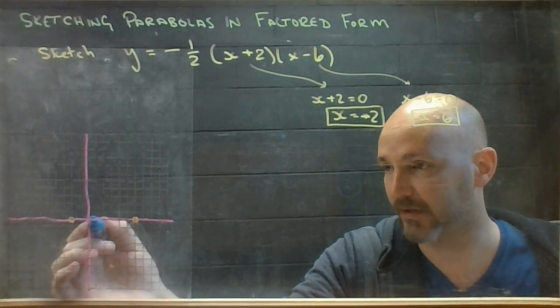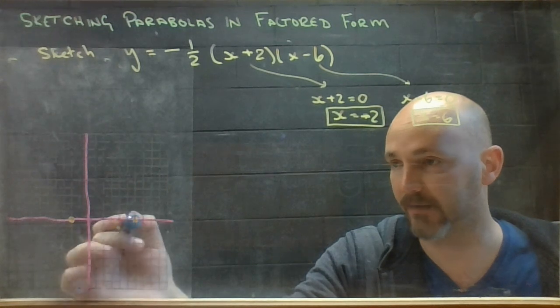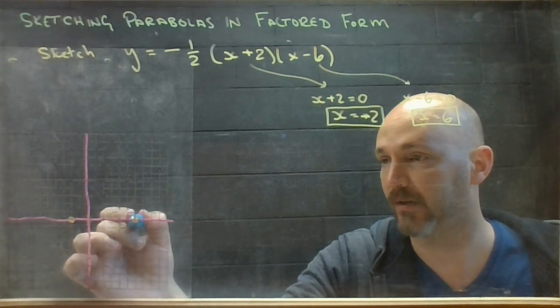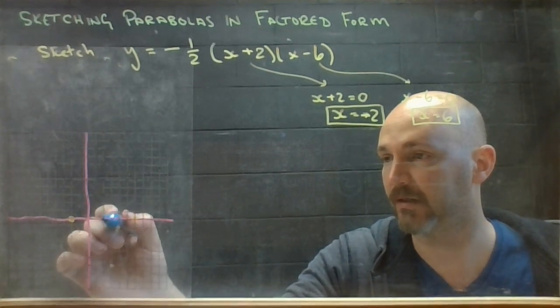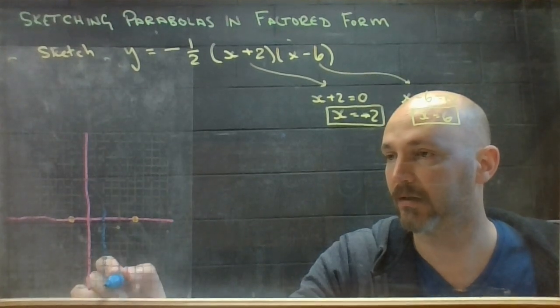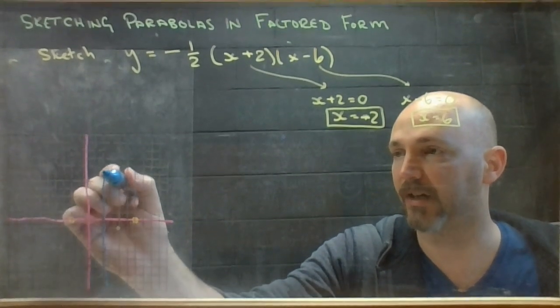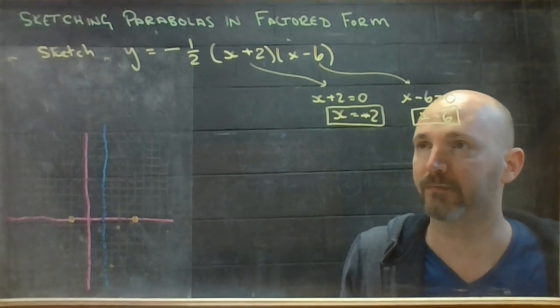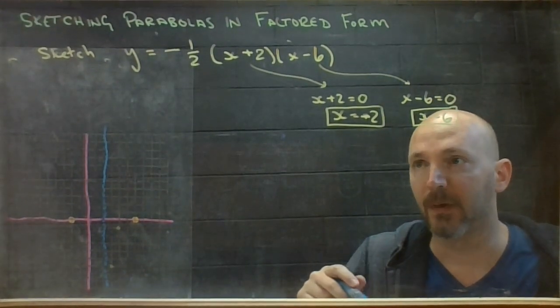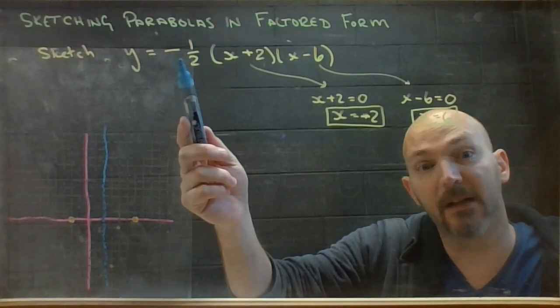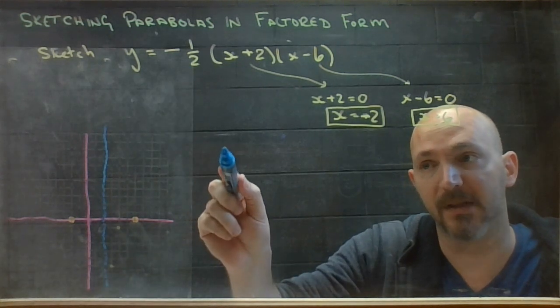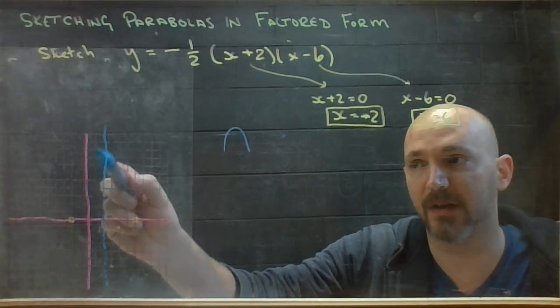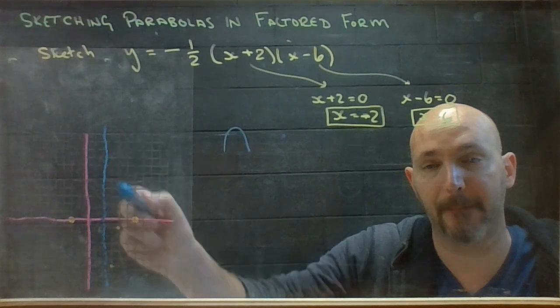They are 1, 2, 3, 4, 5, 6, 7, 8 apart. So it should be here, 4 away from each dot. A negative parabola opens this way. So my vertex is going to be up here somewhere.